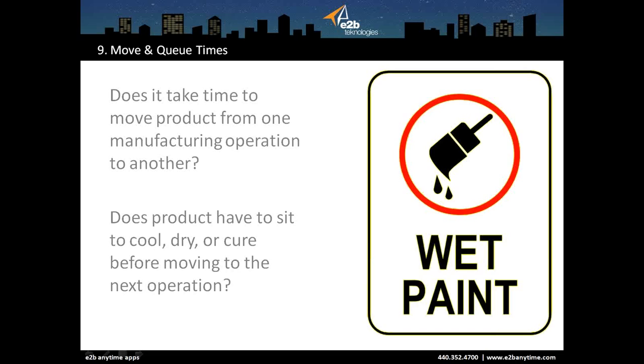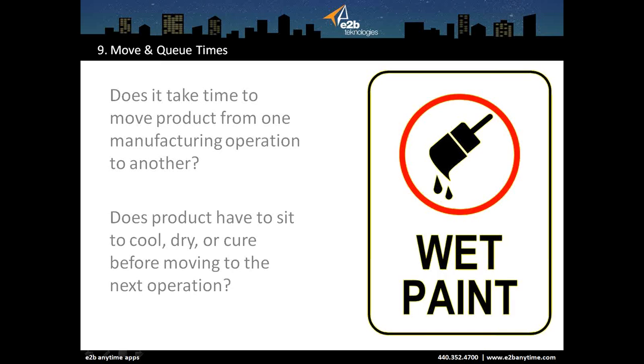Move and queue times. In certain manufacturing industries, an item has to either sit to dry, maybe to cool before moving on to the next operation, or maybe it takes a lot more time to move it from one operation to another. Move and queue times are things that can seem relatively small.